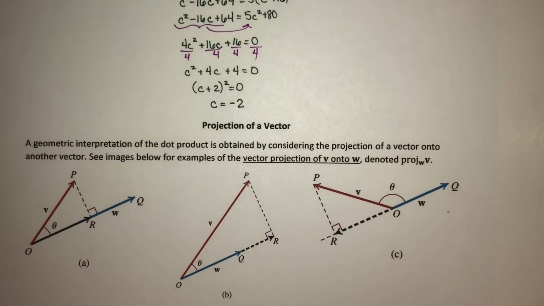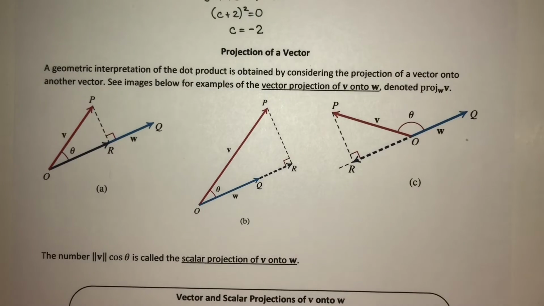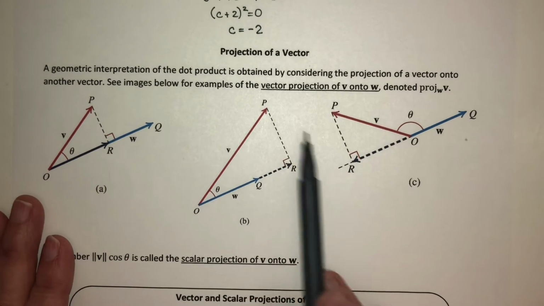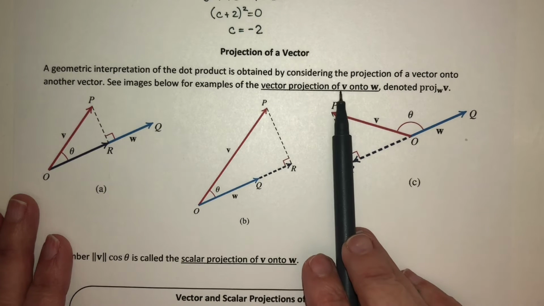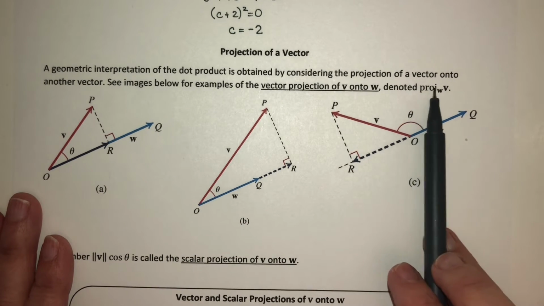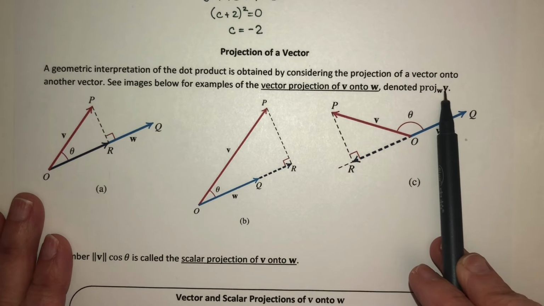Now, the projection of a vector. One geometric interpretation of the dot product is obtained by considering the projection of a vector onto another vector. We're going to look at these images below for the vector projection of v onto w, which is denoted proj sub w of v.